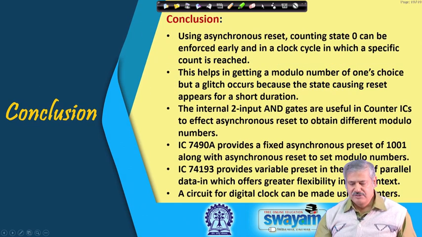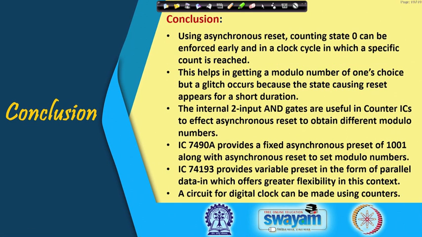So, with this we conclude: using asynchronous reset, counting state 0 can be enforced early, in a clock cycle in which a specific count is reached. So, 0 0 0 0 will be there whenever that particular count value reaches. This helps in getting a modulo number of one's choice, but a glitch occurs because the state causing reset appears for a short duration.